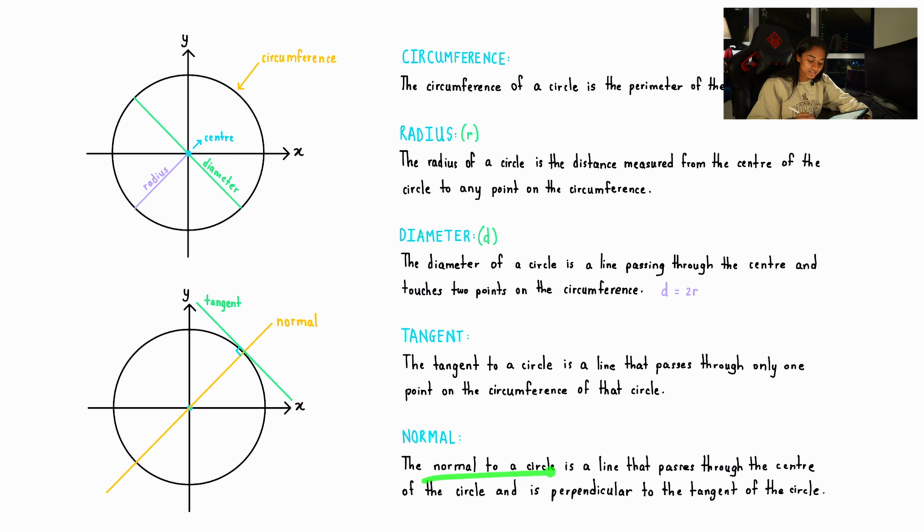So the normal to a circle is a line that passes through the center of the circle, again the center, and is perpendicular to the tangent of the circle. Remember in the beginning what I mentioned about the relationship between the tangent and the normal, which is very important. So m1 is equal to minus 1 over m2, where m1 and m2 are the gradients.